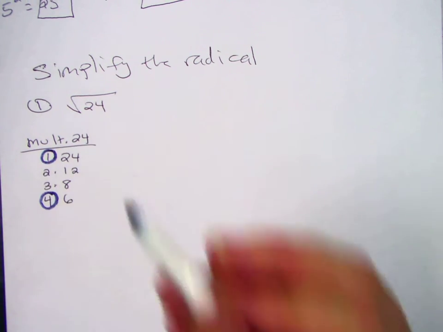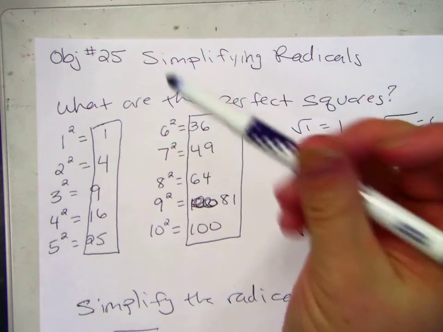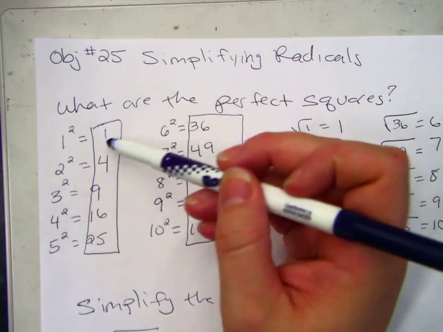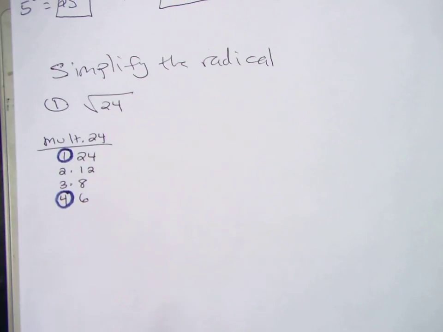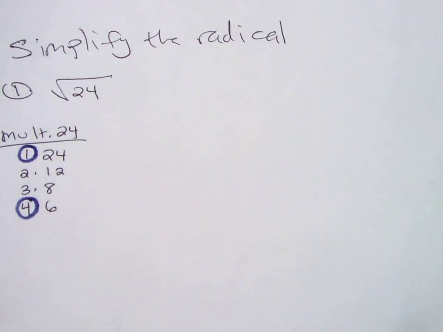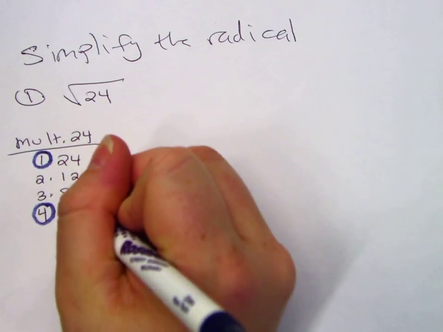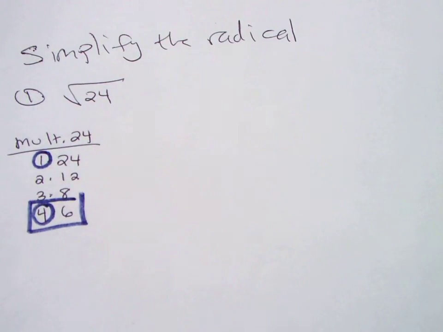So if you're having trouble deciding this, we're looking in our boxes. Is 1 in the box? Yes. Is 24? No. So we're circling everything that was in the box. Okay, so we're going to choose the one that has the bigger perfect square. 4 and 6. 4 is the bigger perfect square. So we're going to use that pair of numbers.